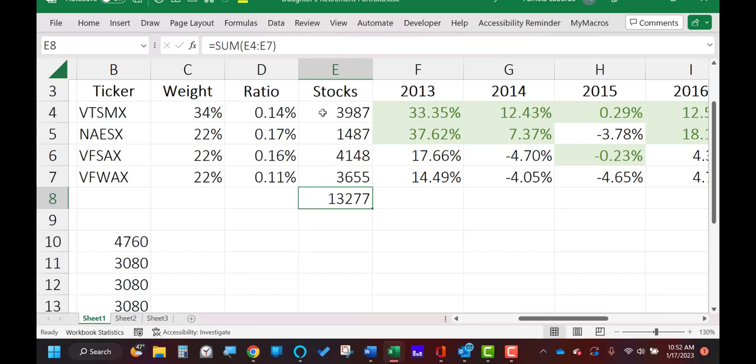If, let's say, 200 of these 13,000-ish companies went bankrupt, the impact wouldn't be that large because she's still got 13,277 that are still operating. But if you had a less diversified portfolio that only had, let's say, 100 companies in it, and 5 of those went bankrupt, you'd feel the impact more than you would if a couple of hundred of these went bankrupt.